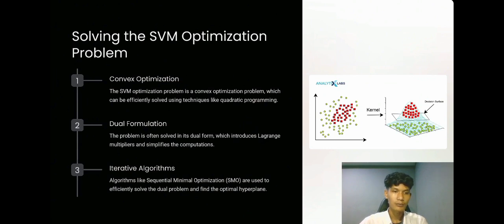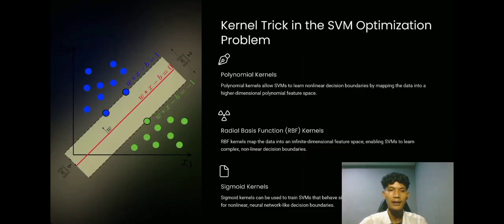The problem is often solved in its dual form, which introduces Lagrange multipliers and simplifies the computation. Number 3, iterative algorithms. Algorithms like sequential minimal optimization (SMO) are used to efficiently solve the dual problem and find the optimal hyperplane.